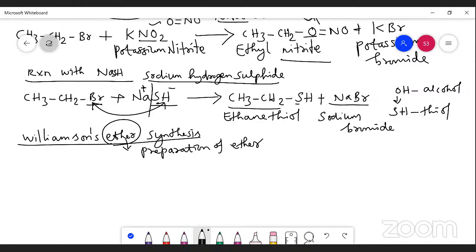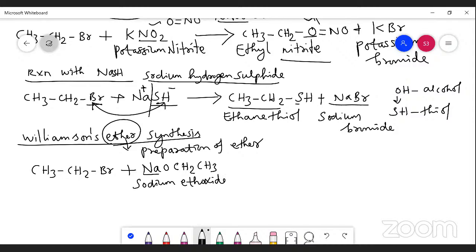So if I take the haloalkane CH3CH2Br and react it with sodium alkoxide, if I take this compound, sodium ethoxide, now we know that here Br is a nucleophile.